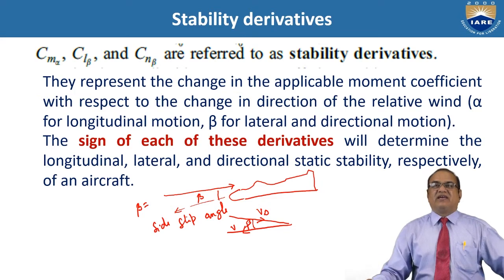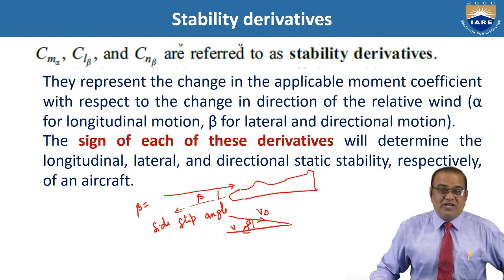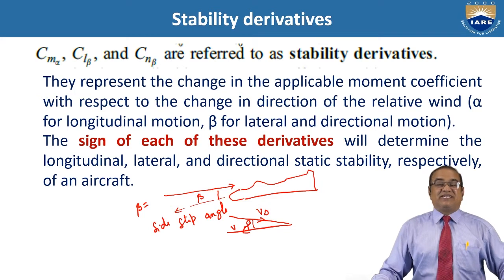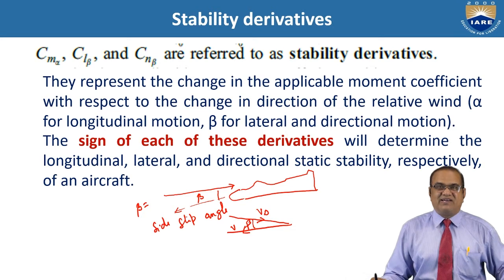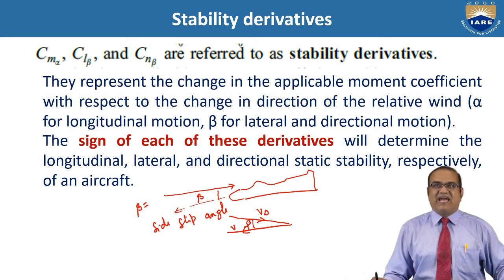So here we are going to discuss the stability derivatives. These stability derivatives are Cm alpha, Cl beta and Cn beta, and these are referred to as stability derivatives.